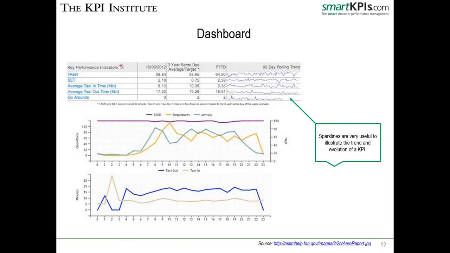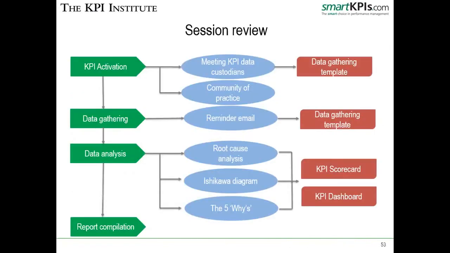And this should be all in terms of this webinar. As a review, we've looked at the KPI activation process and the main techniques: meeting KPI data custodians, the community of practice, and reminder emails that can be sent, having the data gathering template as the main tool.